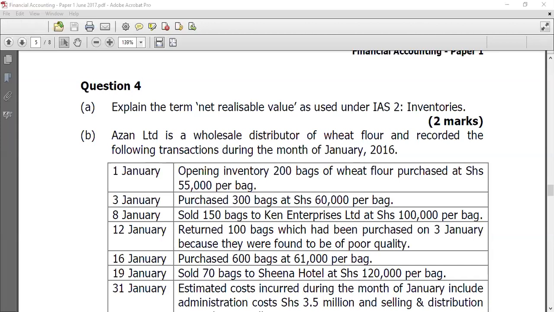There are those ACCA notes that I shared with you, which have inventory as a topic on its own. That can give us some guidance, just in case for my people who are freshers, so I'll try to run through a little and then we proceed.